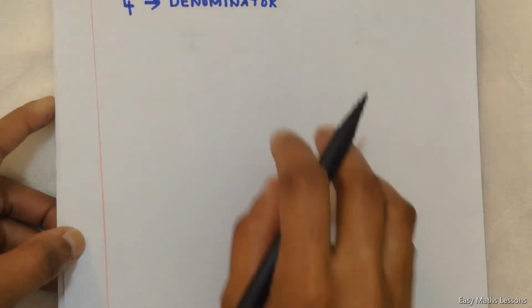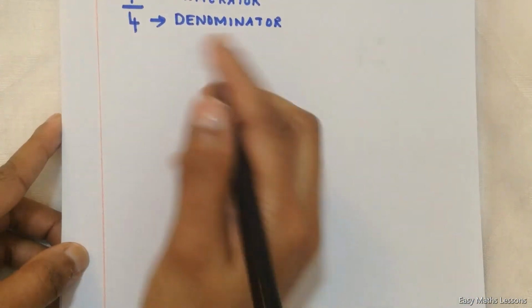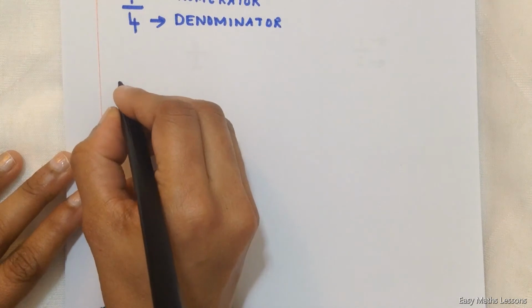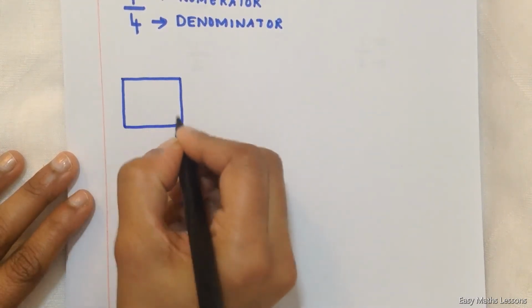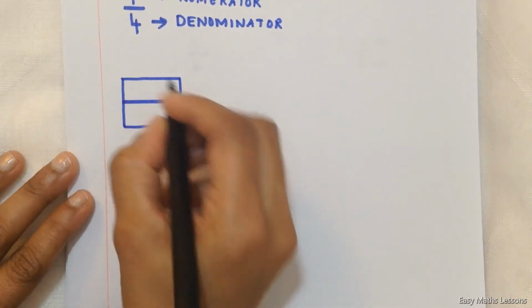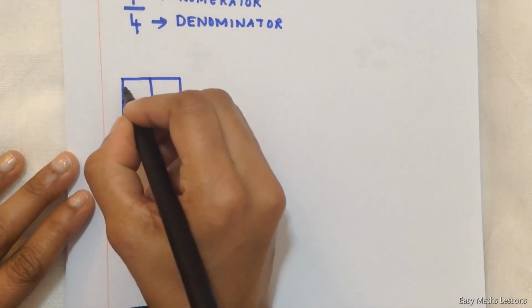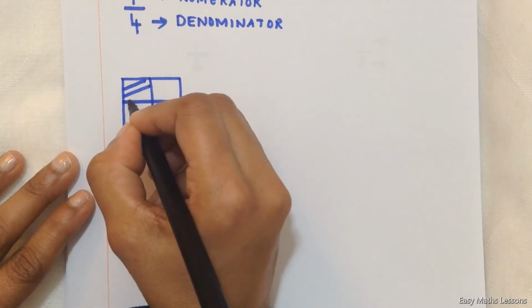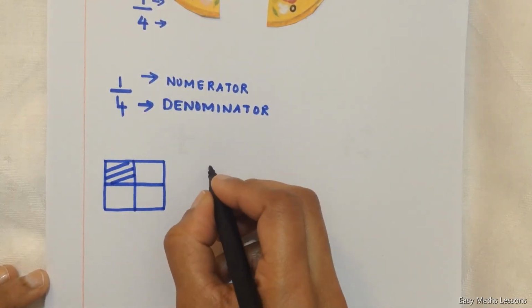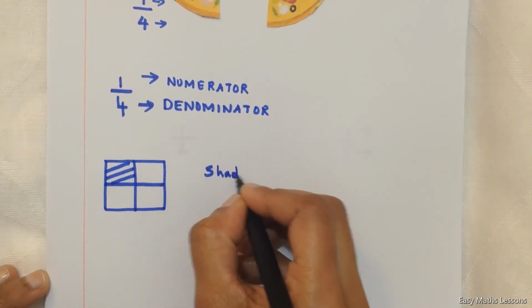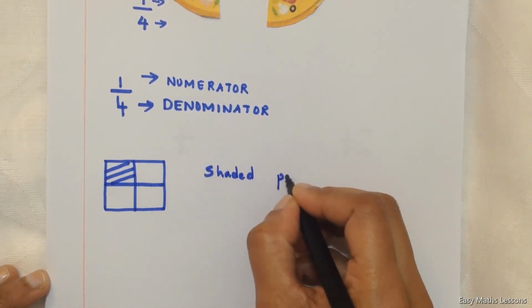Now, let's understand fraction with the help of some shapes. Here, I have a square and I have divided the square into 4 equal parts. And I am shading 1 part of the square. Now, how can you represent the shaded part of the square?